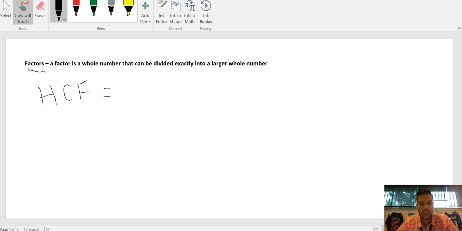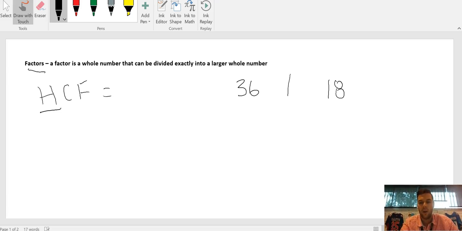That is when we compare two numbers together to find what is the most common factor they have, but also what is the highest. So let's go through a bit of an example. If we have the numbers 36 and 18.